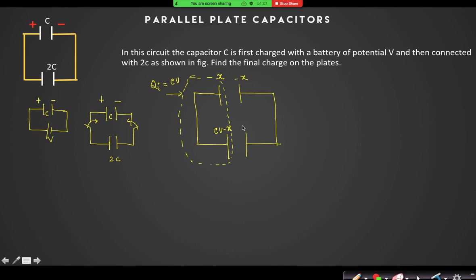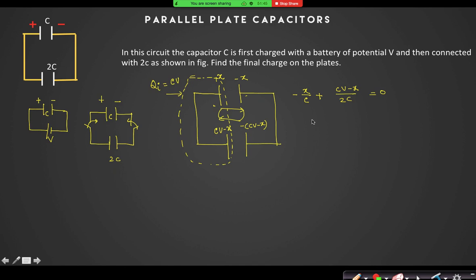Now I have a capacitor circuit where I have assumed the charges, and I can draw a loop equation, right? If I jump from here to here and then from here to here, I will follow this loop. Jumping from plus to minus, plus X to minus X, so X by C minus, yes or no, minus X by C. Again I am jumping from minus to plus here, so it will be plus of (CV minus X) by 2C, that is equal to 0, right?